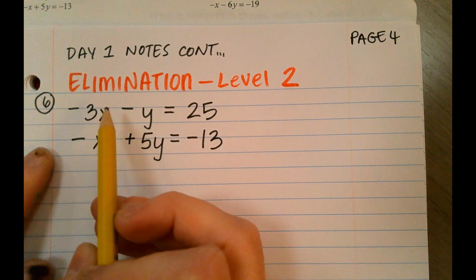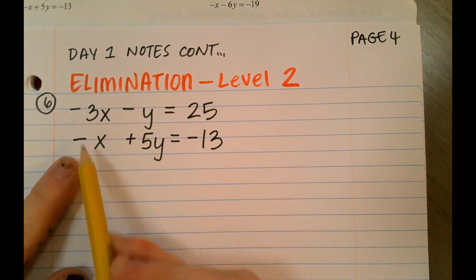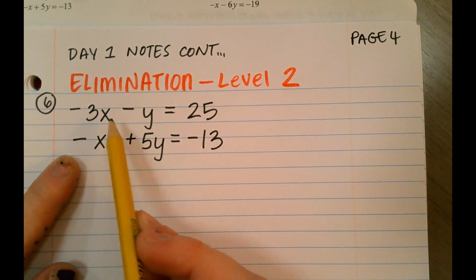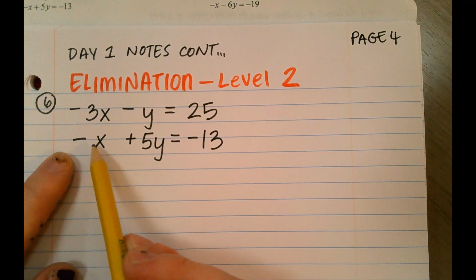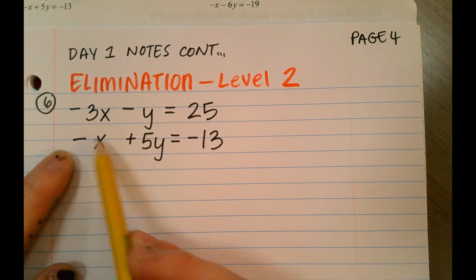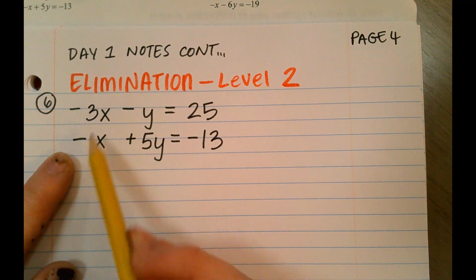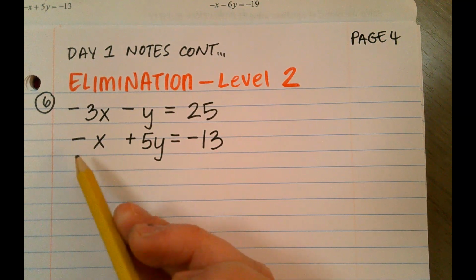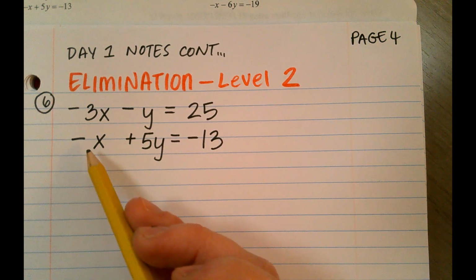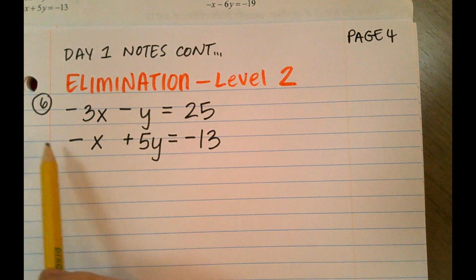So basically I want, if I choose to do x, I need this to be what? What do I need this negative x? Instead of negative x, what would I want to cancel out negative 3x? Positive. Yeah, I would want this to be a positive 3x. That way they would cancel.